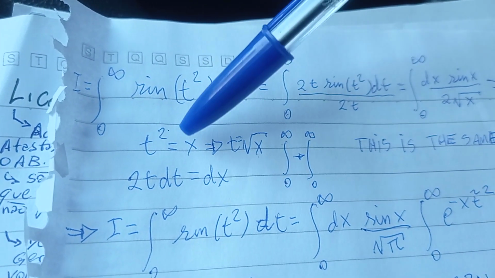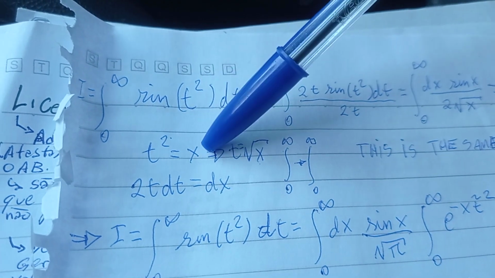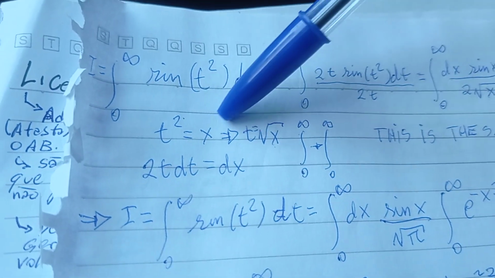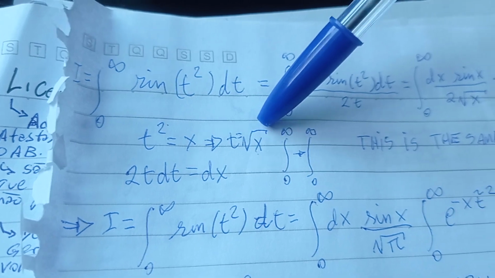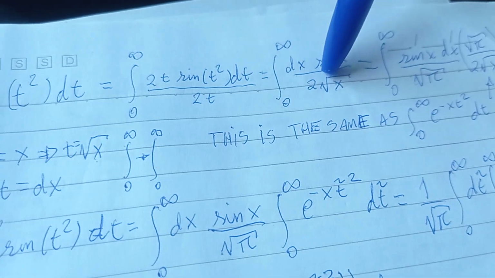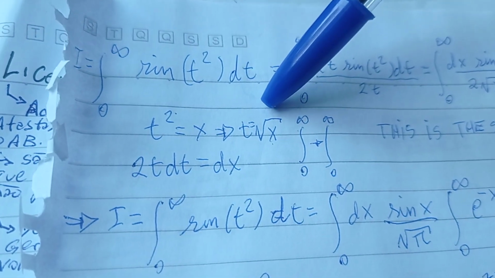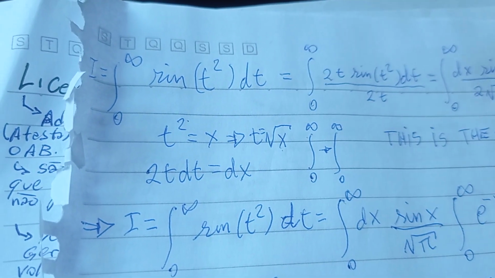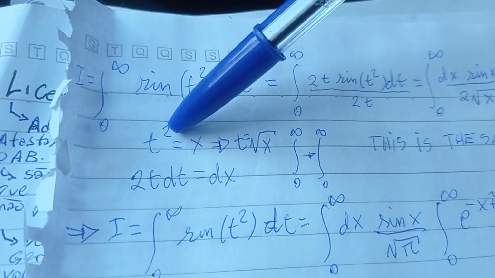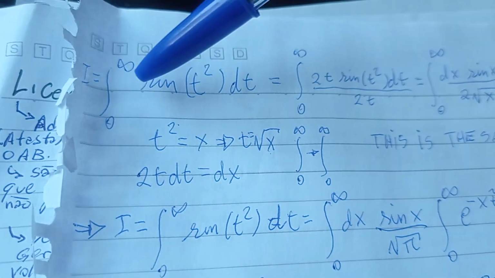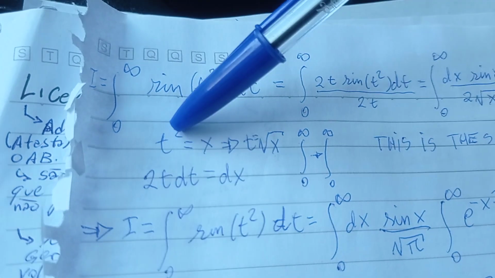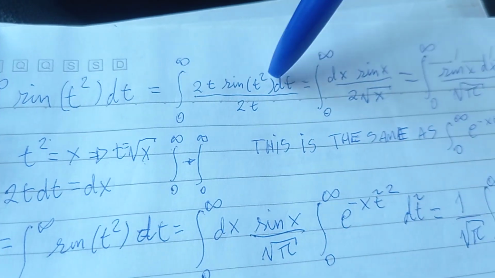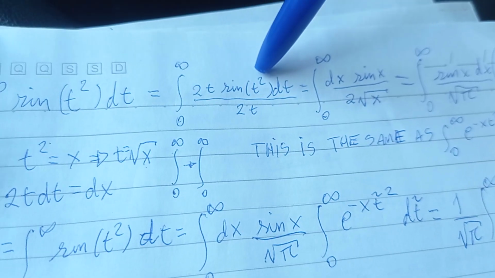So the first thing we do is substituting t squared by x, and t is gonna be the square root of x. This is also one of the most important steps because of this square root that's going to appear. And the 2t dt is going to be dx. So we need to make t's appear above and below a fraction and 2's appear above and below a fraction, which is exactly what we do here.